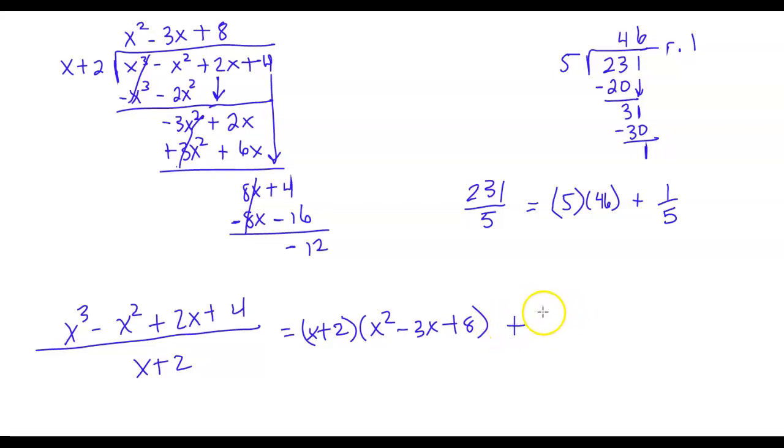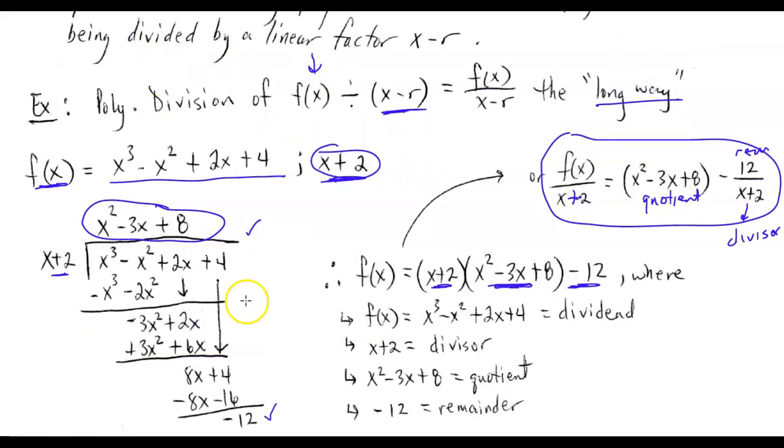And then I have negative 12 left over out of a possible another group of x plus 2. And of course, again, that looks very similar to what we have here. If I write it in this form, what you see here is just me multiplying this equation by x plus 2 on both sides. And that basically gets rid of the fraction.